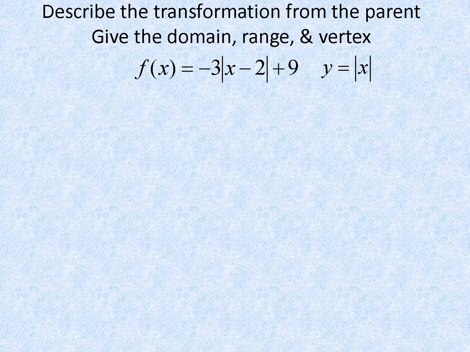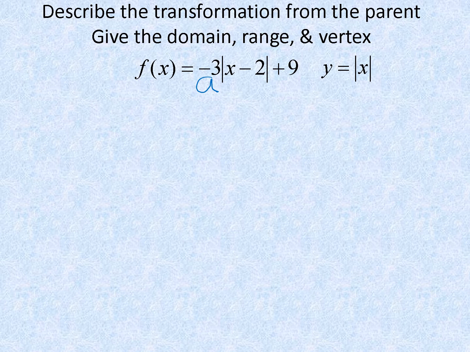Now, before I do any of that, I want to mark up my function to help me realize, as I'm learning this, what represents what value. So this -3 is outside the absolute value bars and right next to it, so I know that -3 represents my A value.